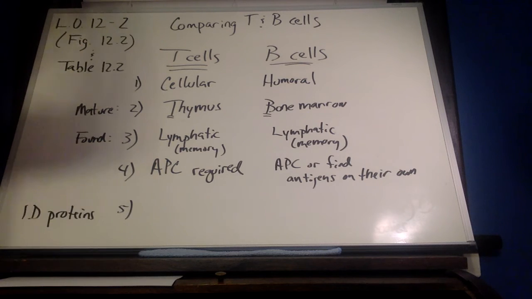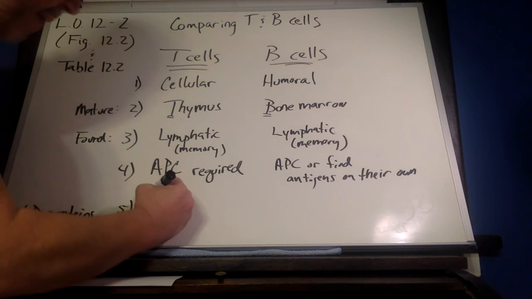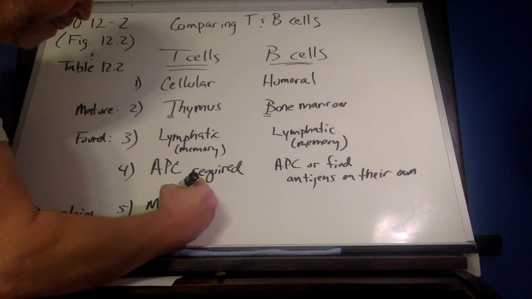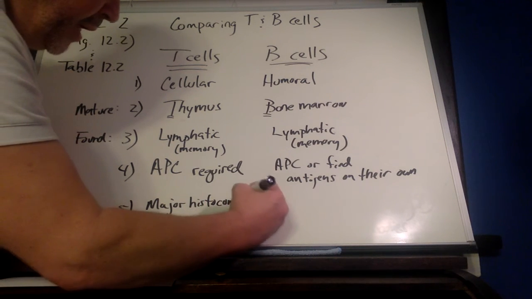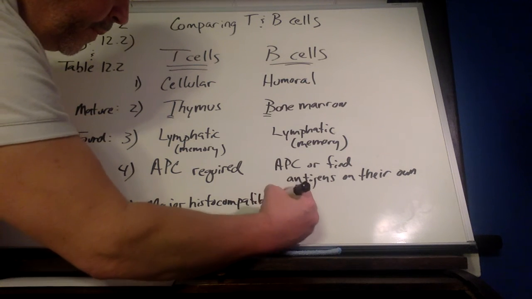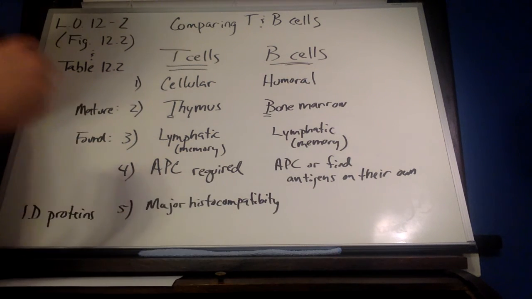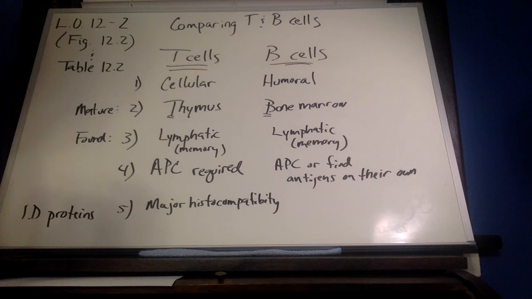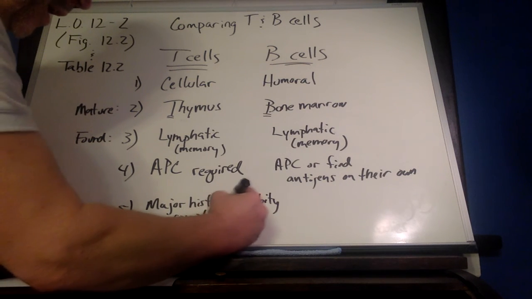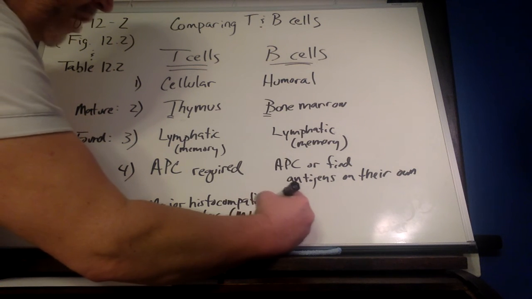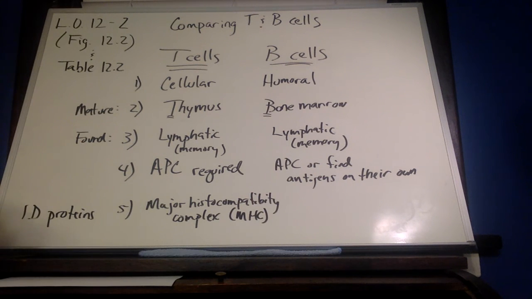And those ID proteins are called MHCs, major histocompatibility complexes. Forgot for a minute what the C stood for. So this is shortened as MHC. And like I say, these MHCs, these are identification proteins.